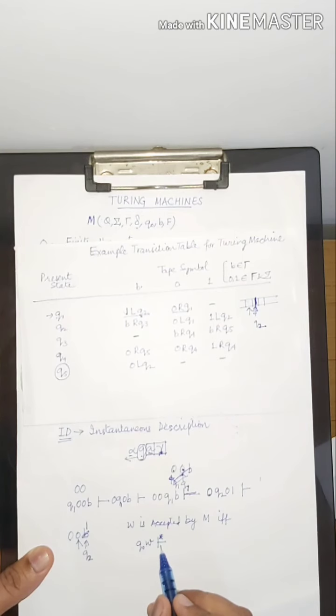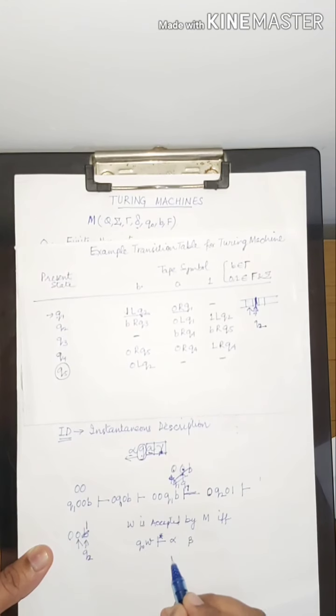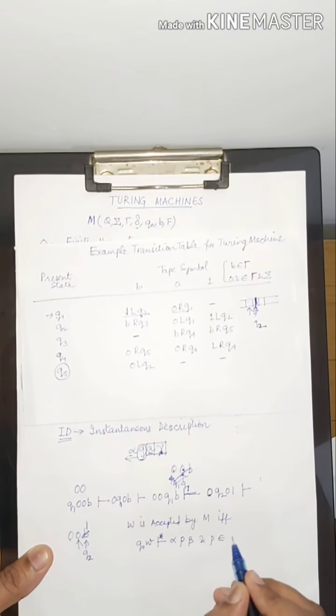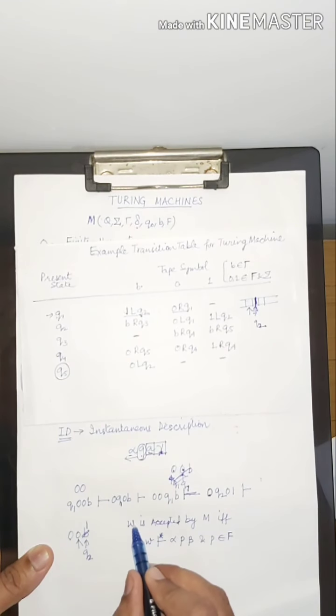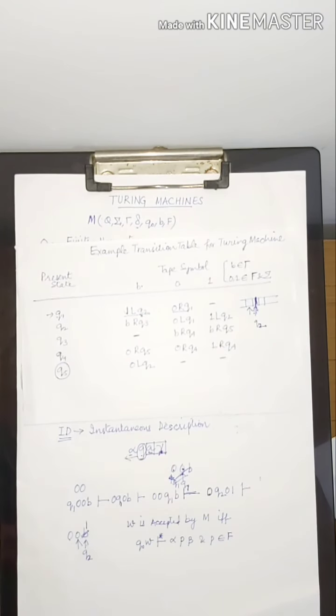After these multiple transitions, it reaches some ID in which some string is on the left hand side and some string is on the right hand side, but the state it switched to is P, and P belongs to capital F. Then we say that string W is accepted by this machine.